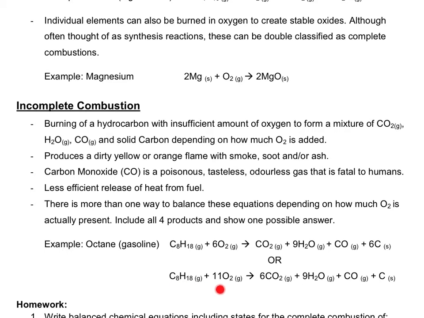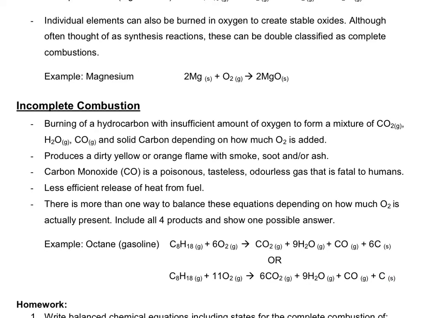So here's another example of showing the incomplete combustion of octane. Notice in this equation I've just added some more oxygens than I did in my first example. And you'll notice when I balanced it, I get more CO2 than solid C coming out of my reaction.